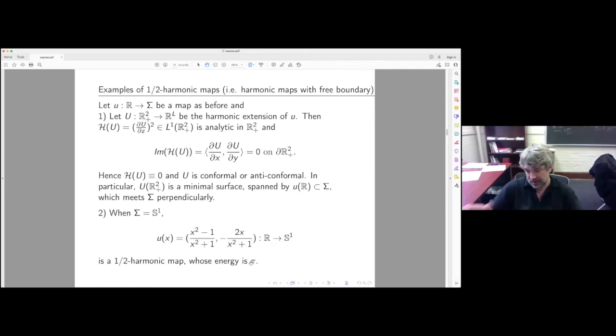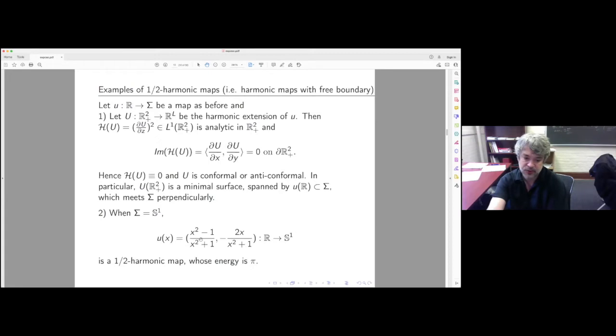You can even classify all of them from R into S1. They are all given by finite Blaschke products of degree D, when the degree of the harmonic map is D, and the energy is quantized.